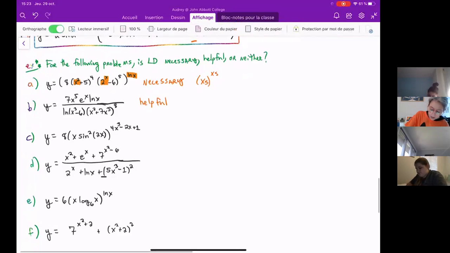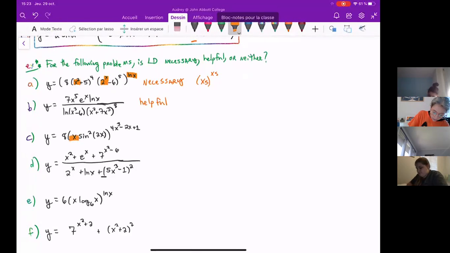Back to C, again, I have some x's down here and I have x's up here. So I have x's to the power of more x's. So again, this one is going to be necessary. And in this fourth one, D, it is neither, it is not helpful because it's all being added together.